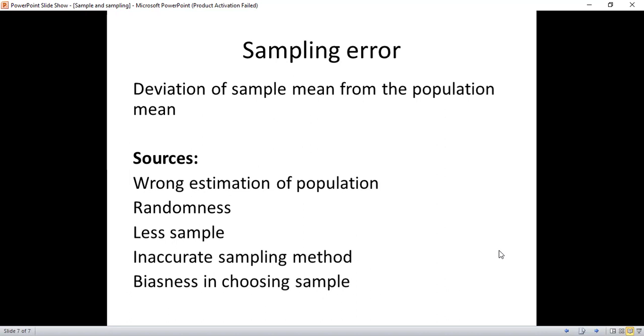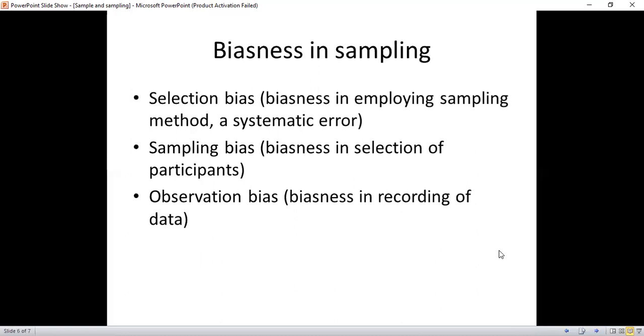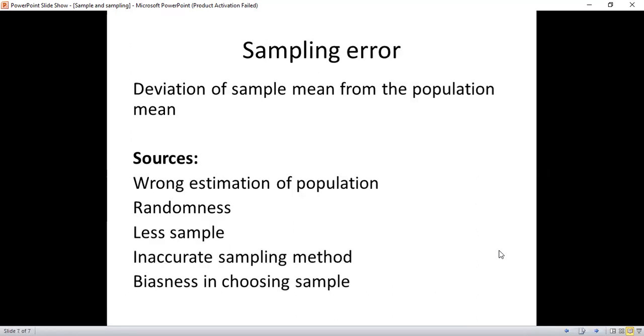That means a small number of samples plus randomness is an indicator of having a sampling error. Inaccurate sampling method, which we already talked about as the selection bias, and biasness in choosing sample, which is the sampling bias, can also be sources for sampling error.